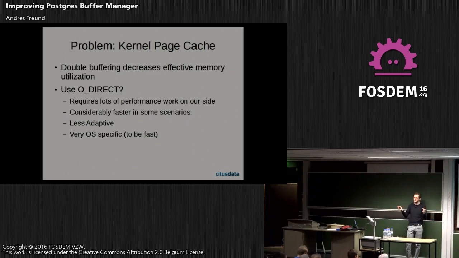It's also, which I think is the biggest problem, not very adaptive. At the moment you can set shared buffers to 1 gigabyte, and as long as there's enough memory, you can still deal very well with a 10 gigabyte database, because the operating system basically acts as a transparent extension of the shared buffers. But if we don't have that anymore, it becomes much more important to tune shared buffers correctly.